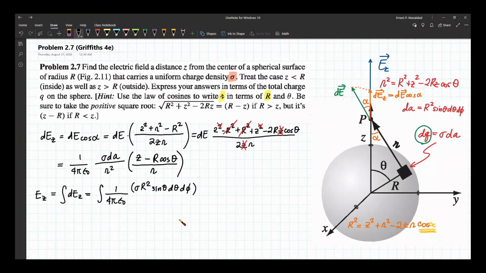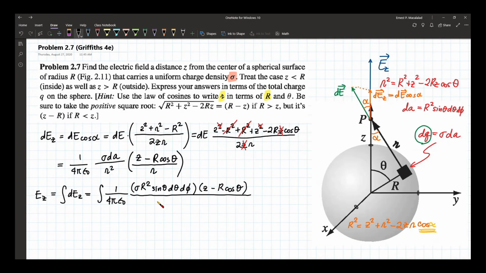Yeah, that should be z. So this is z minus r cosine theta, divided by script r cubed. So script r squared is this one.